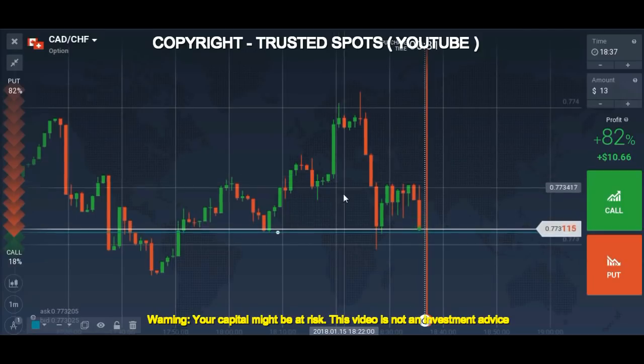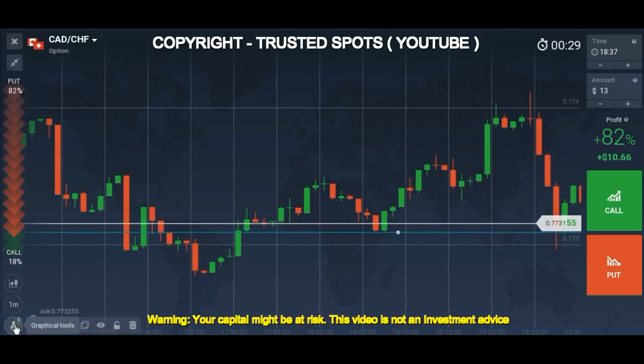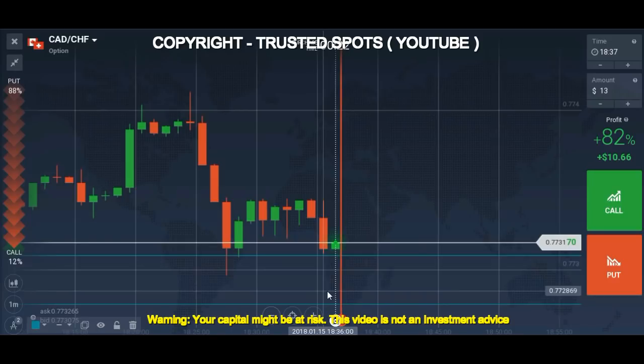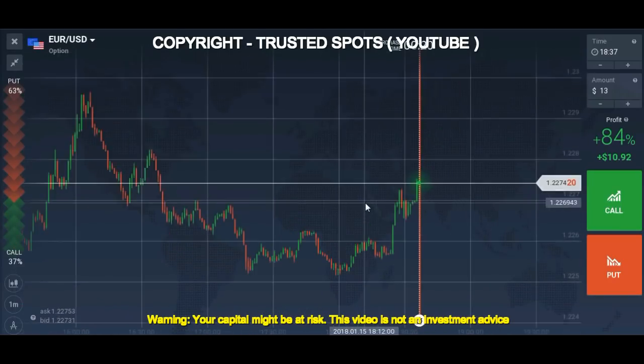Let's see a different chart. We have one level here. Okay, it is not weak.